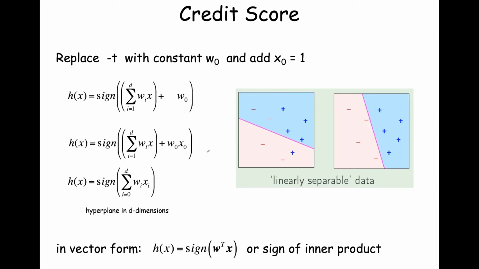To jog your memory, we said the linear classifier is a weighted sum. You take your weight vector, multiply by your input vector x, and we treat the threshold, negative t, as a constant, w naught. We use that w naught variable to absorb that minus t.